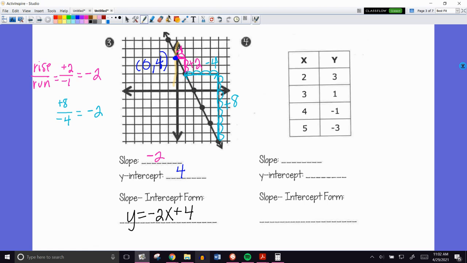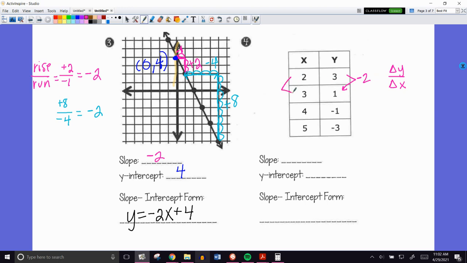So on number 4, we actually have a table. We don't have a graph, but we can still find our slope. Remember, on a table, we're not going to use rise over run as our slope. We're going to do change in y over change in x. So my change in y, to go from 3 to 1, I'm going to subtract 2.